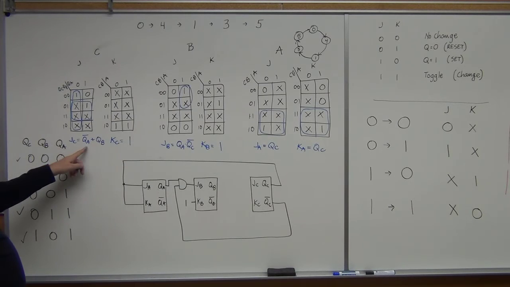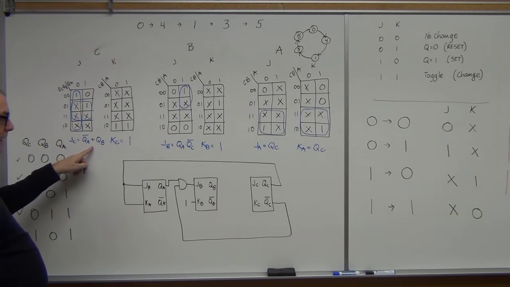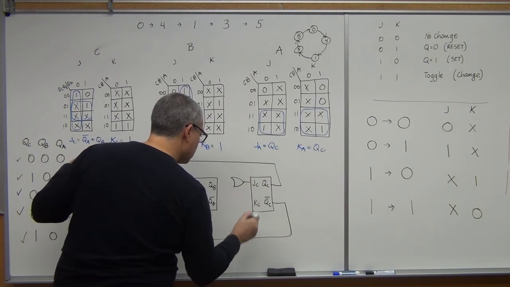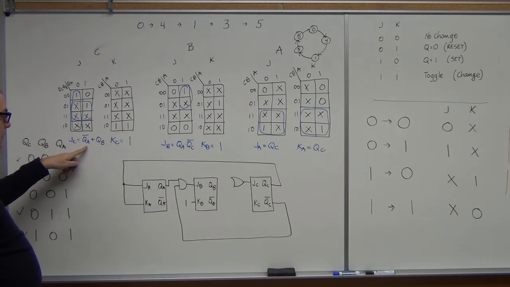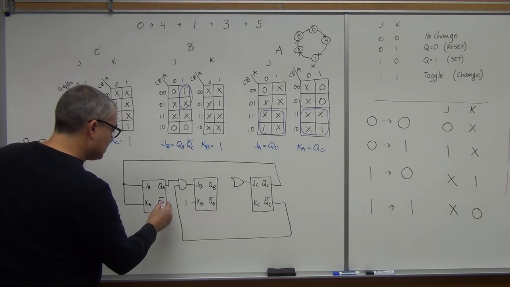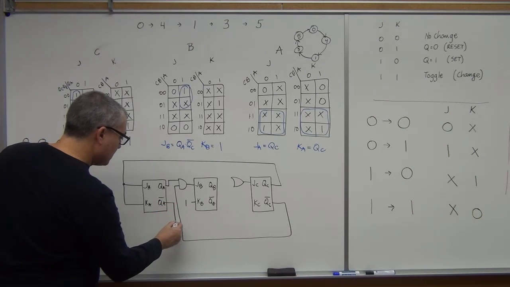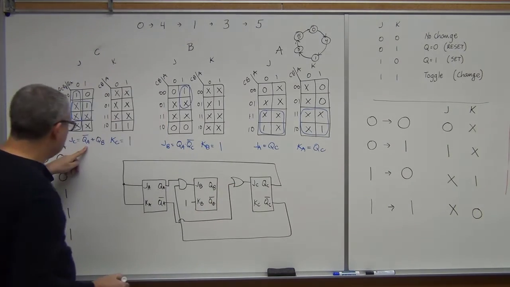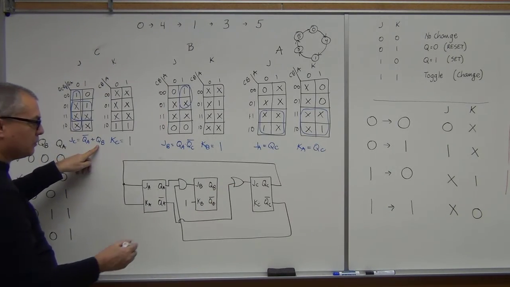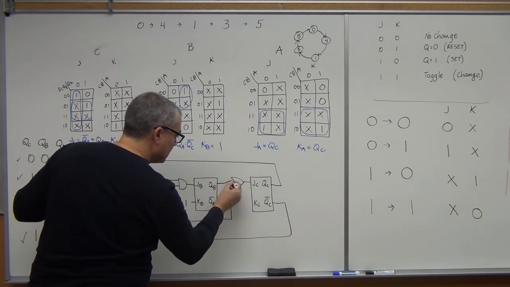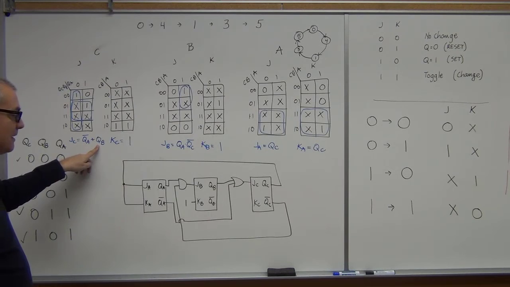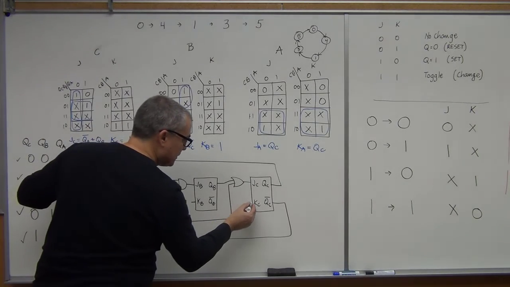And JC is going to be an OR gate with QA naught or QB. I think now you can see why I didn't put the clocks and the presets and the clears. And KC is just going to be equal to 1.